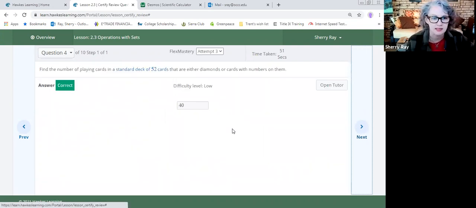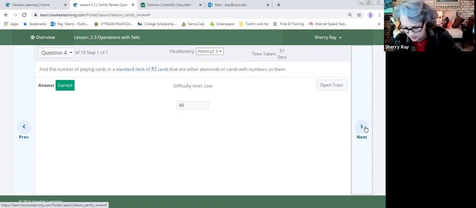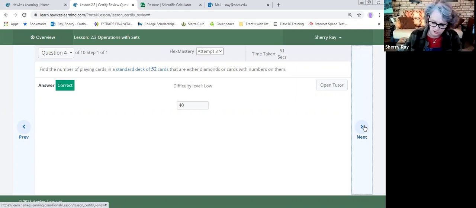This is a deck of cards. You have a deck of 52 cards that are either diamonds or cards with numbers on them. Okay, so let's see. First of all, I have a deck of cards. Not handy, but now in a deck of cards, you have 4 suits.